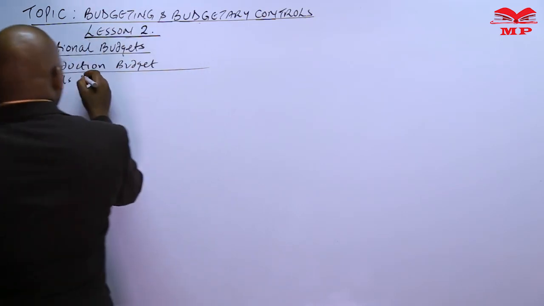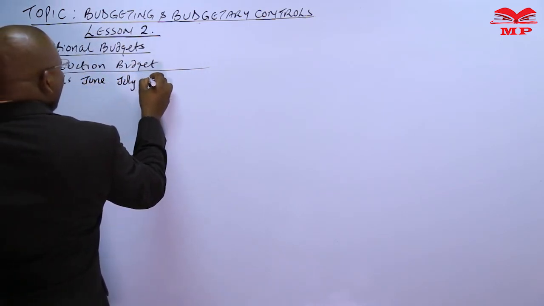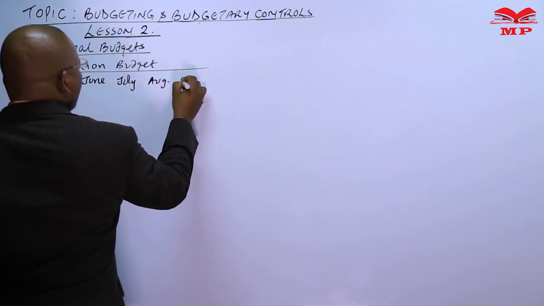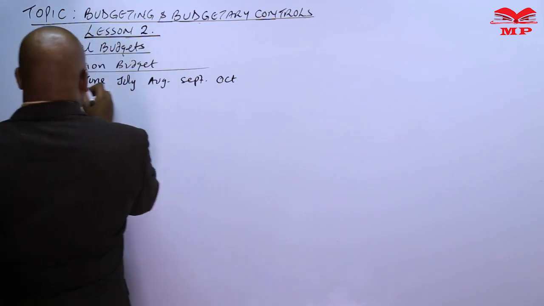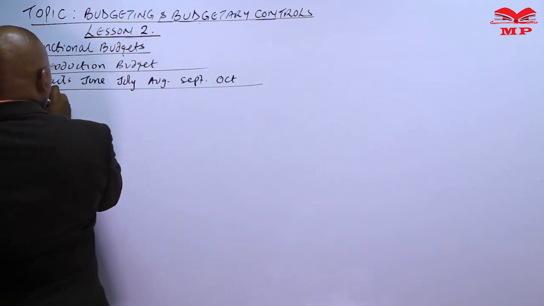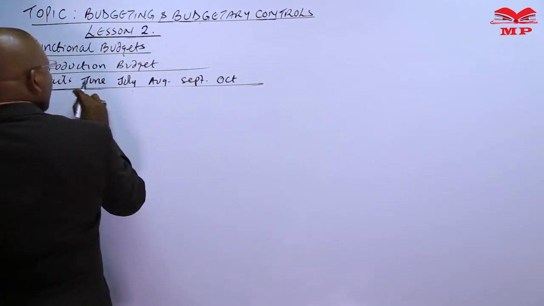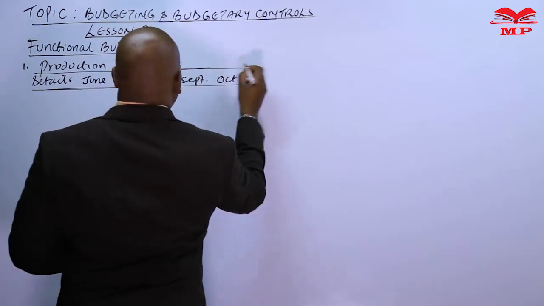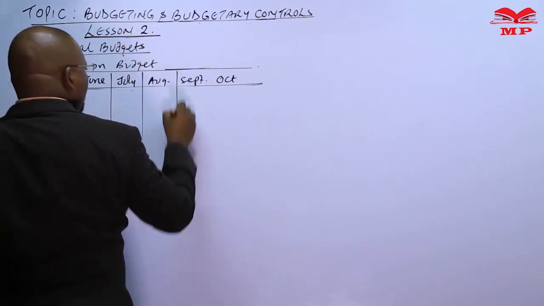So we have June, July, August, September, and let me have October because of requirement in the other budgets.